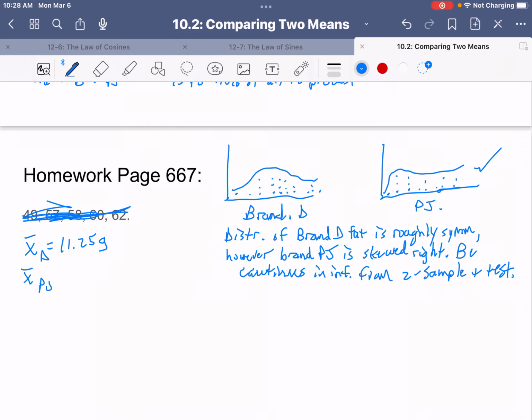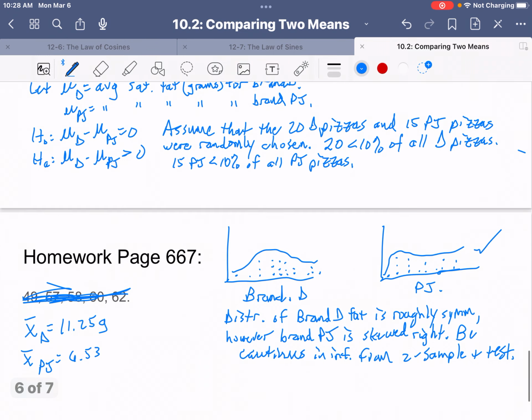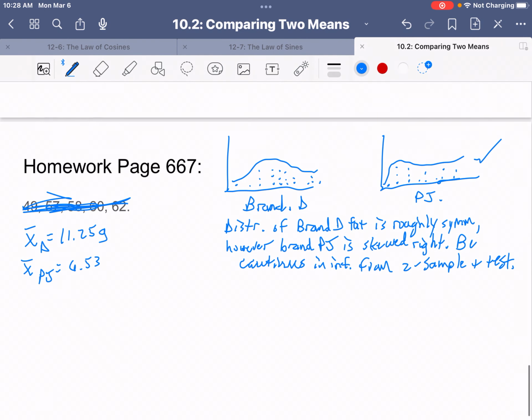X bar PJ is equal to 6.53 grams. And so we want to take X bar D minus X bar PJ, so 11.25 minus 6.53. The calculator doesn't give that to you, but you need to write that down.